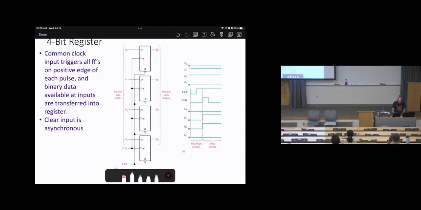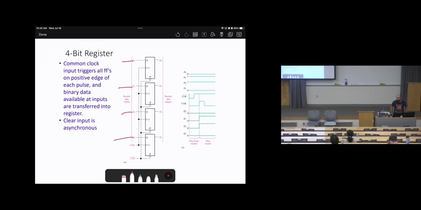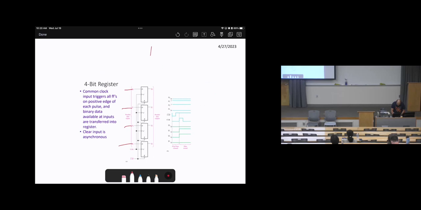You will see here the inputs, D0, D1, D2, D3. This example is using D flip-flops. Sometimes it can be using JK flip-flops, sometimes other different types of flip-flops. So basically, we assume we have a 4-bit register, 1, 2, 3, 4, and there are 4 outputs for storing this signal.